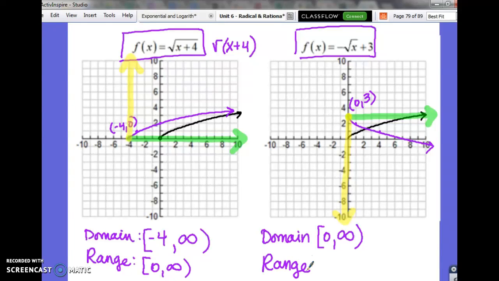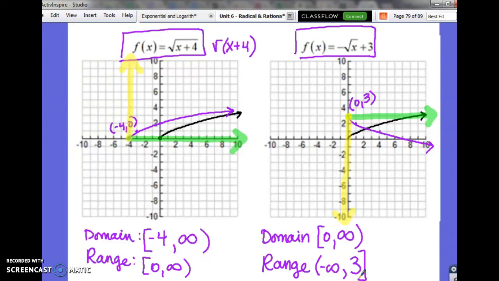So the range for this one starts all the way down at negative infinity, because if you remember, we always put the values in our interval notation in order from smallest to largest. So it will go all the way down at negative infinity, and then it will stop at the highest y value it reaches, and that y value is 3.